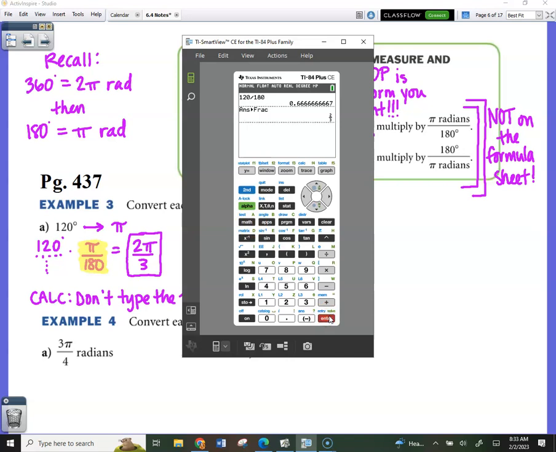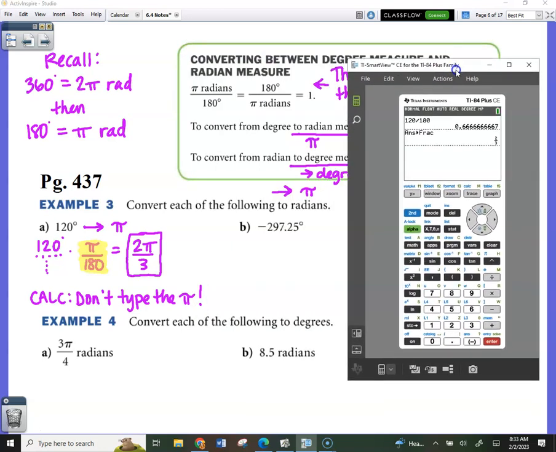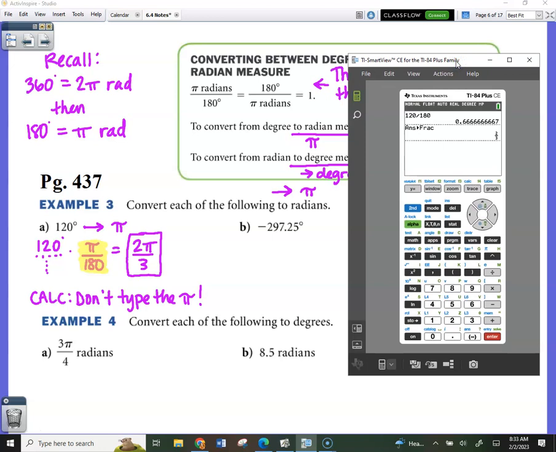So 2 pi over 3 would be the radian measure for 120 degrees. So you try B. And I will tell you that B is a very ugly fraction. Doesn't mean you're wrong. It's just ugly.